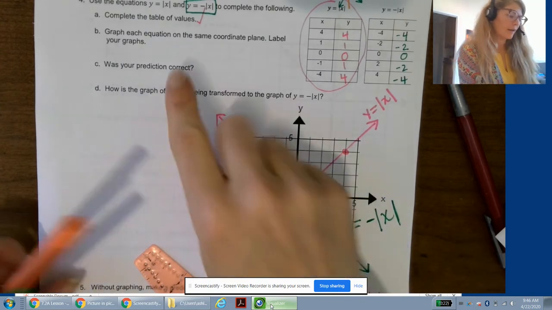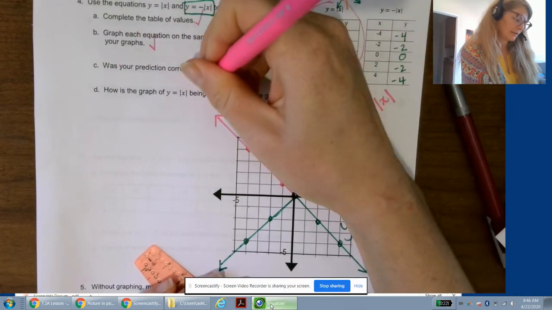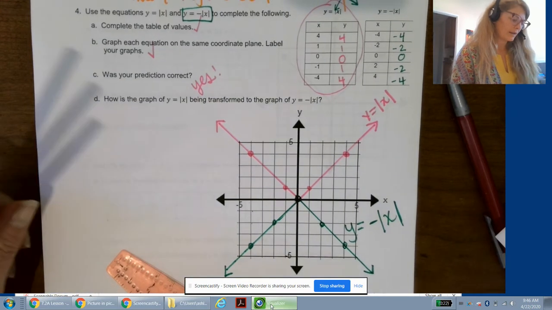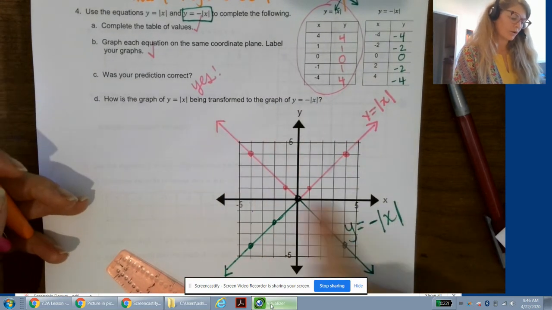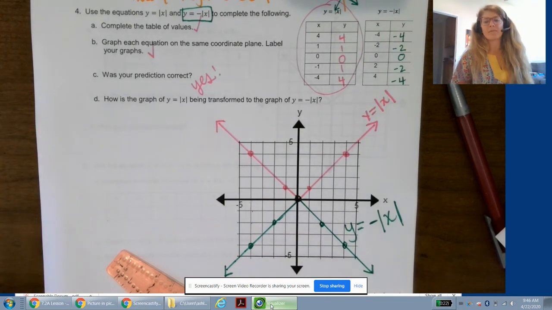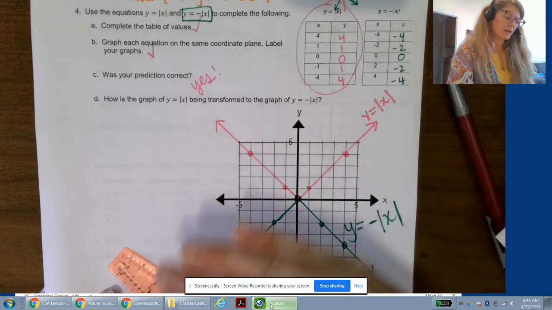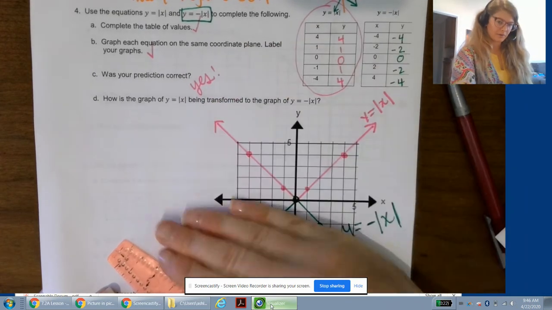So taking a look here, was our prediction correct? Why, yes, it was. How is the graph of y equals the absolute value of x being transformed to make our new graph? Well, what is this called? We go from here to here. We're kind of flipping it over, right?